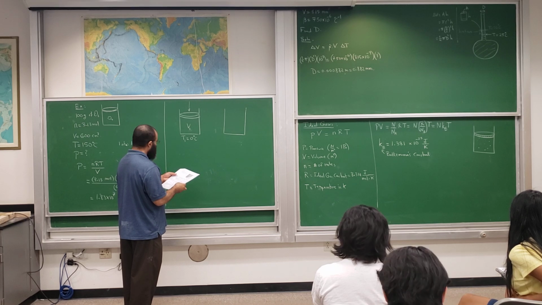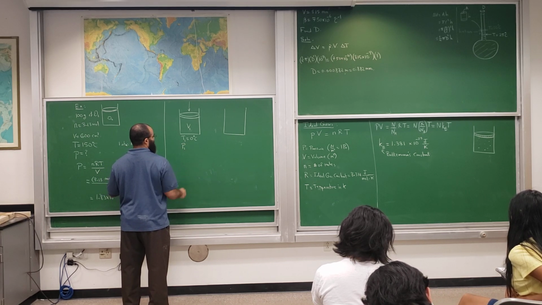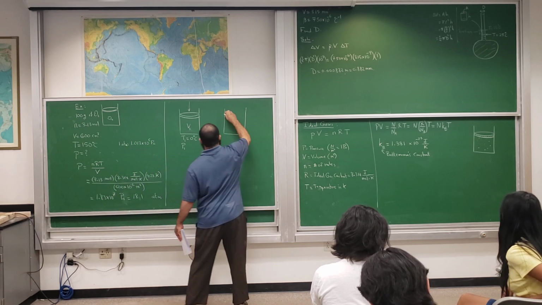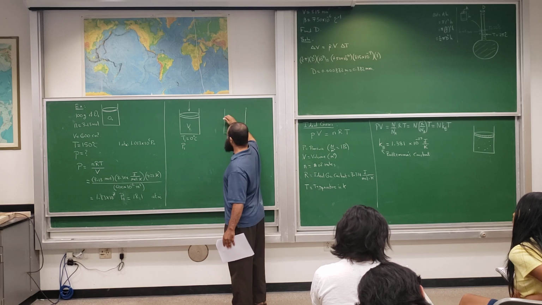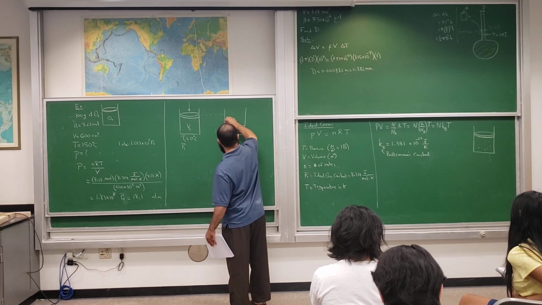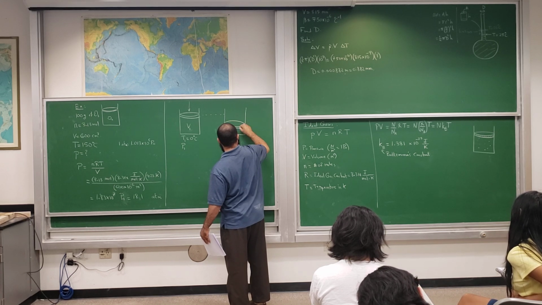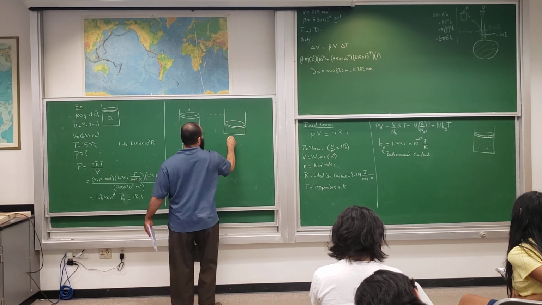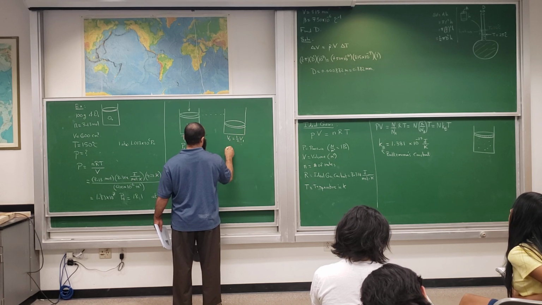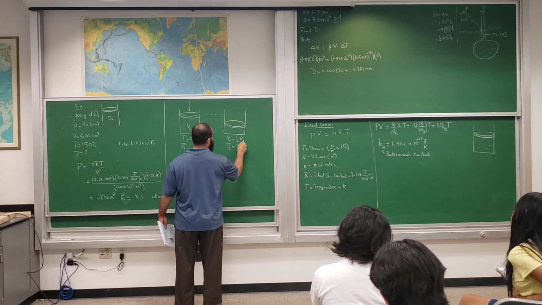And then this is P1. The pressure is P1. We're not given P1. So what we do is we compress it. The piston used to be here, but we compressed it to half its original volume. So the volume is now half as much, but the pressure P2 is 3 times P1.